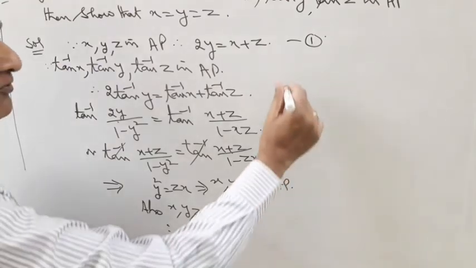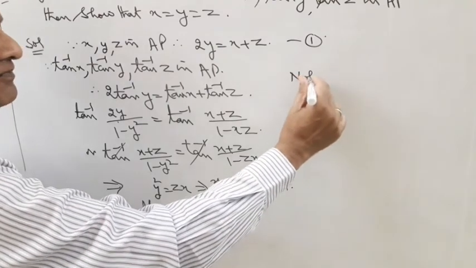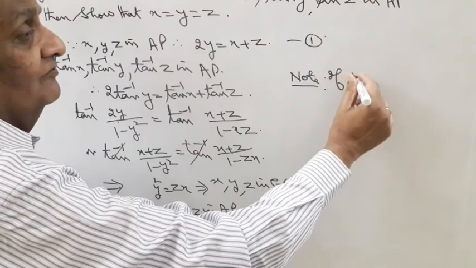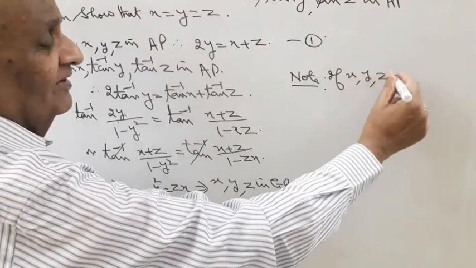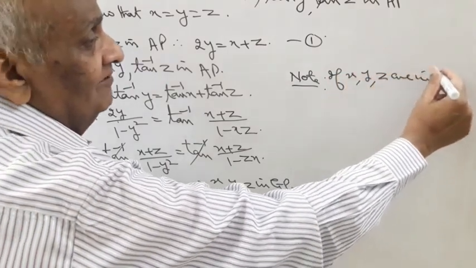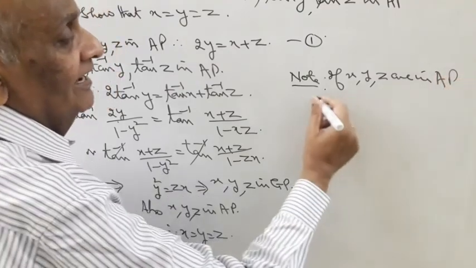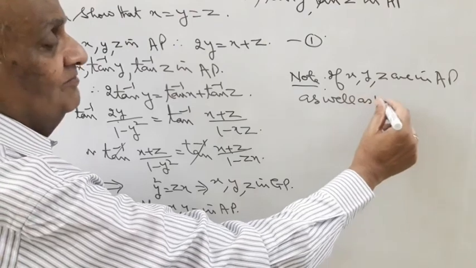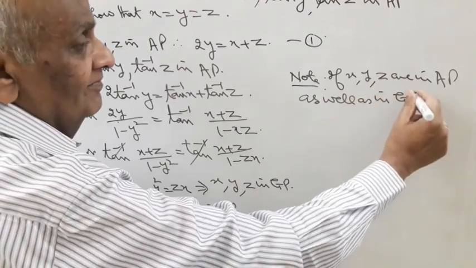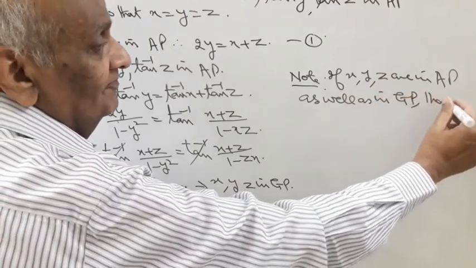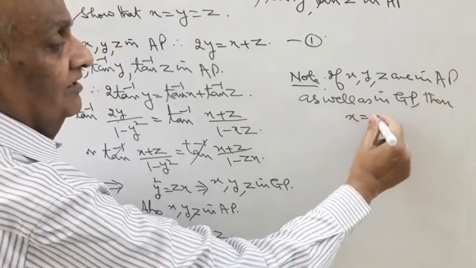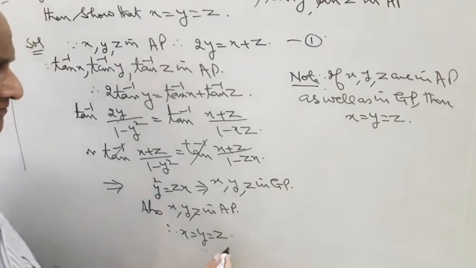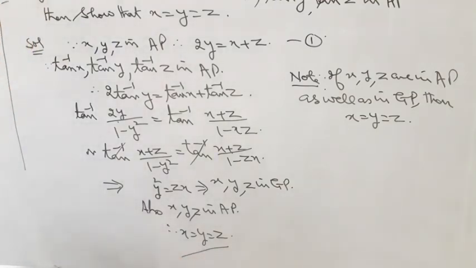Here you can put up a note: if x, y, z are in AP as well as in GP, then x is equal to y is equal to z. See, this concept I have used here in this very question. Check out please.